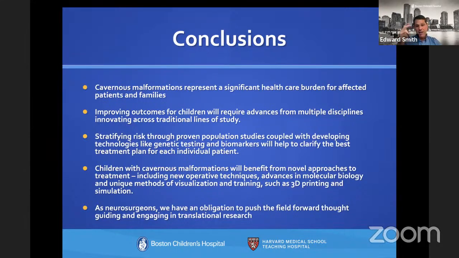We need to understand the molecular biology, and whether we're treating them just as operative cases, or whether we're engaging in translational research with colleagues locally or around the world, I think it is our responsibility to really understand what these lesions are, how they affect the patients entrusted to our care, and with that trust, do what we can to advance the field forward and try to treat these patients with the best knowledge that we humanly have available.